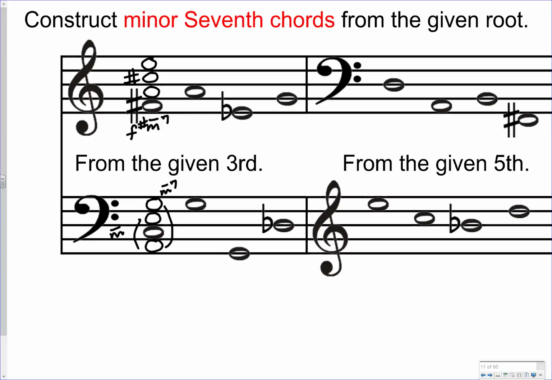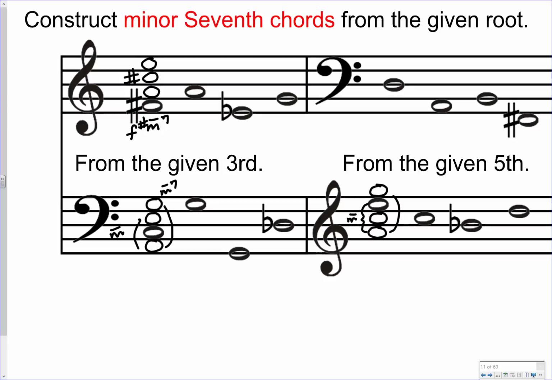If we do one over here, we have the given fifth. So let's go 3, and then there's our 1, and let's put the seventh on top. And now I need a minor triad. I'm in treble clef. I have A, C, E as my minor triad right here.